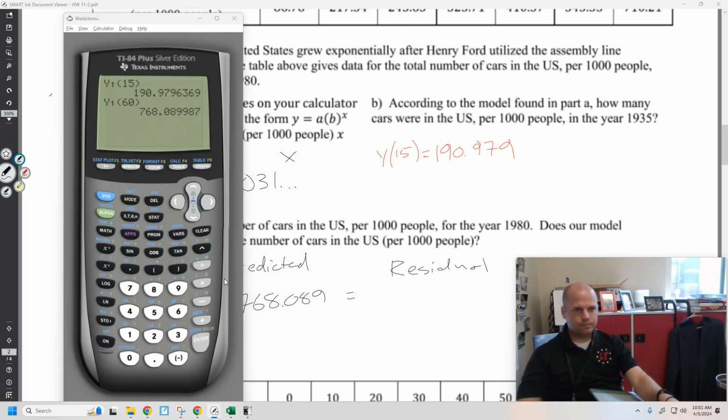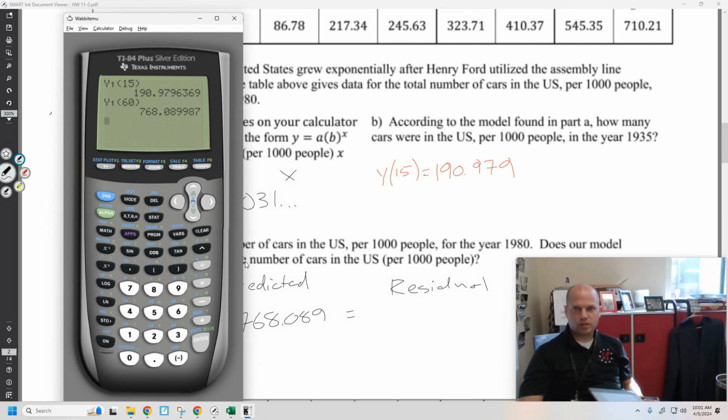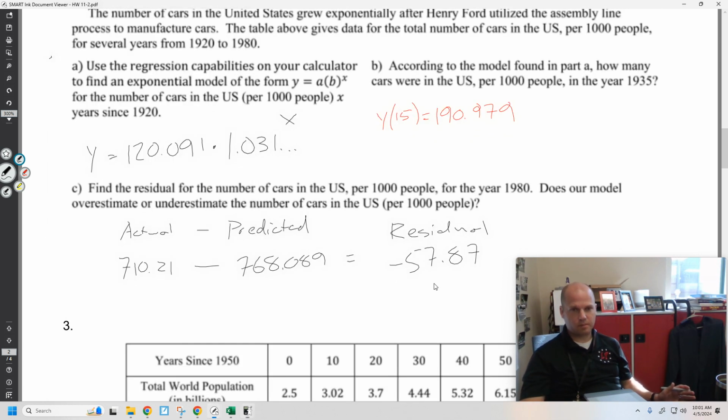The residual is 710.21 minus that number, that's a negative 57.87. That's a big residual. Maybe this is not a good model. Maybe we should have picked a linear model. I don't know. Anyways, what is that telling me?